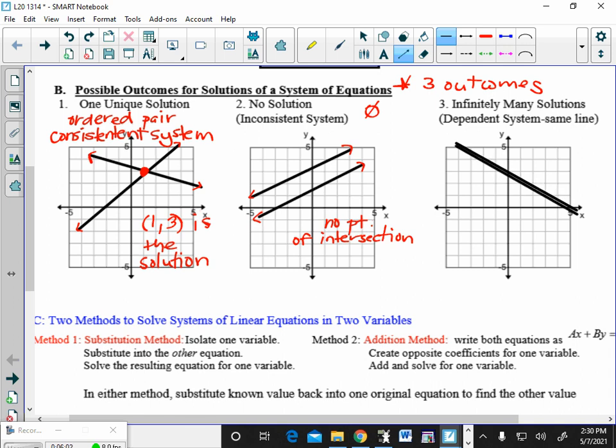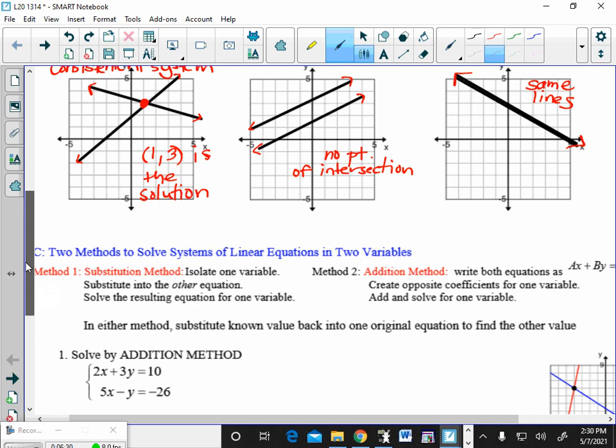These are the same line. So how many points of intersection do they have? Infinitely many. We call these dependent systems, and these are the same line when they're graphed.